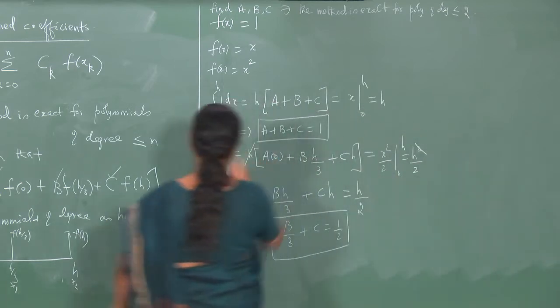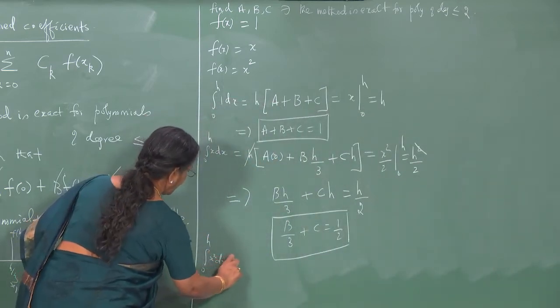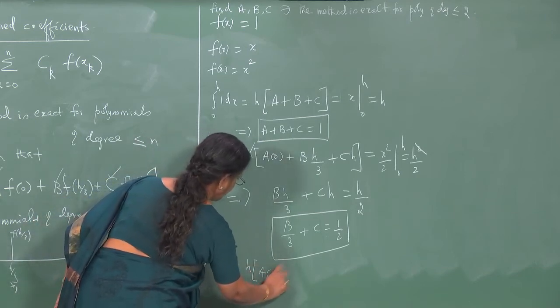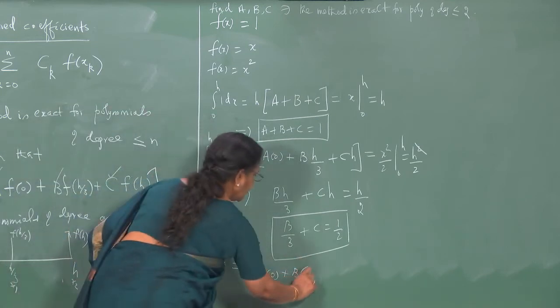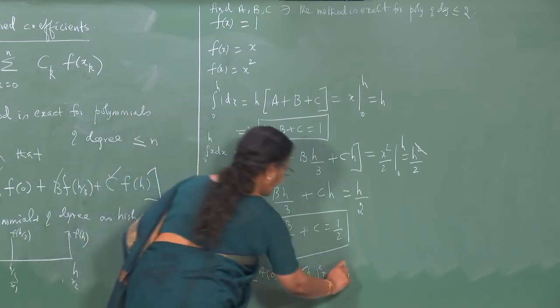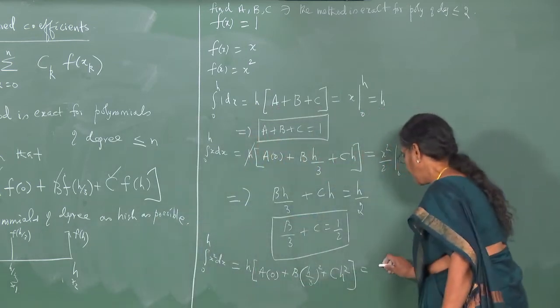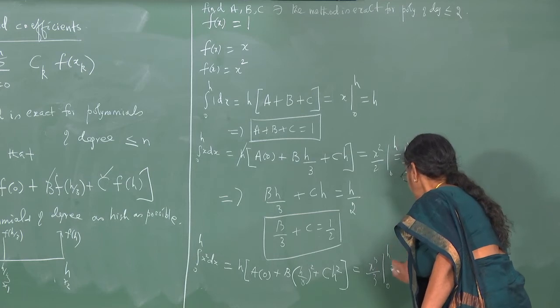And thirdly, we require that integral 0 to h x square dx must be equal to h into a f of 0 plus b f of h by 3, so h by 3 the whole square, plus c into f of h. This must be equal to integral x square dx, so x cubed by 3 between 0 and h.